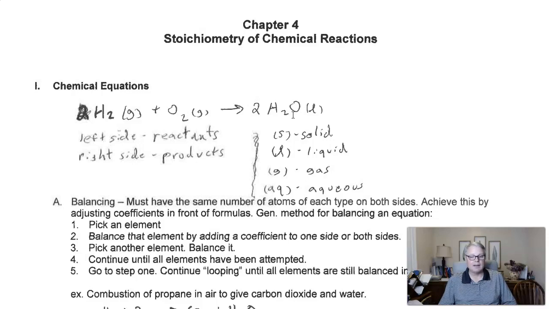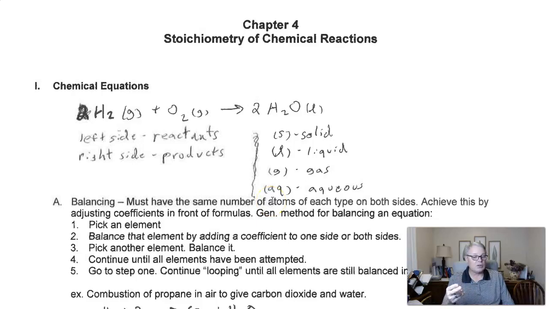All right? So when you're balancing an equation, you must have the same number of atoms of each type on both sides. And you achieve this by adjusting what we call coefficients in front of formulas. That's these numbers up here. Okay? Now, when you're doing coefficients, there's 3 things you can do. The first thing you can do is put a coefficient on one side or the other in front of something.